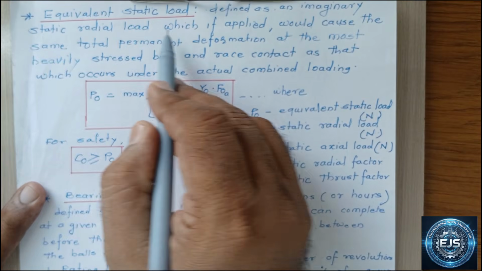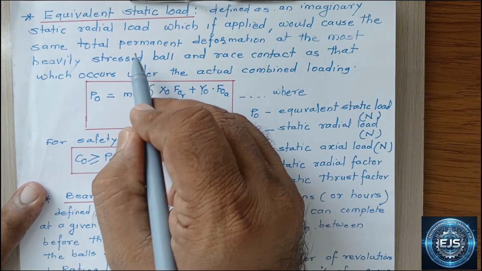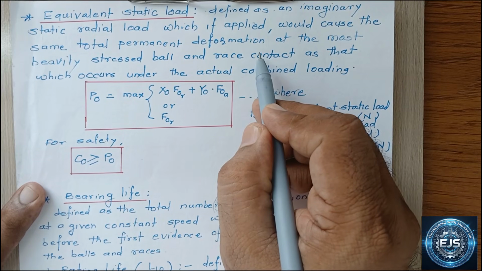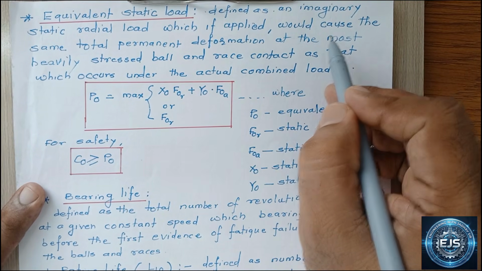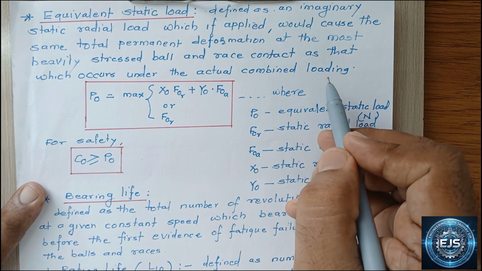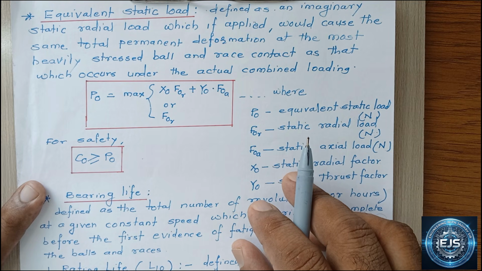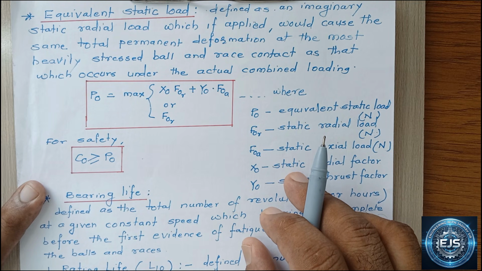Now next is equivalent static load. Equivalent static load is nothing but it is imaginary static radial load, which if applied would cause the same total permanent deformation as that of the actual combined loading. So we know on a rolling contact bearing there are two types of loads acting. One is a radial load, that is Fr, and another is an axial load, Fa.